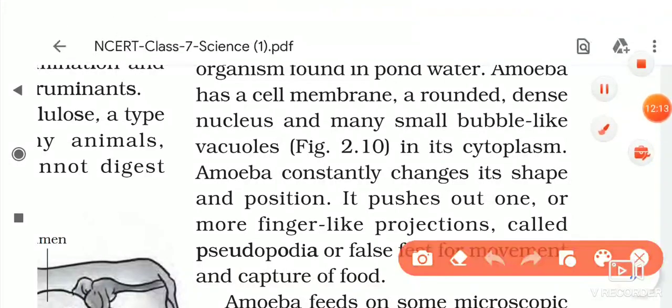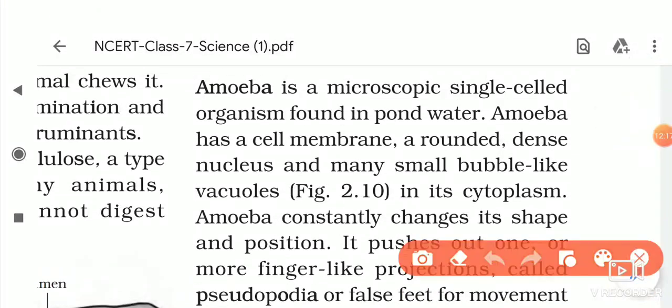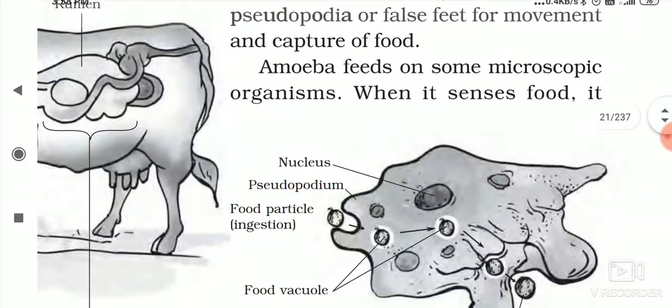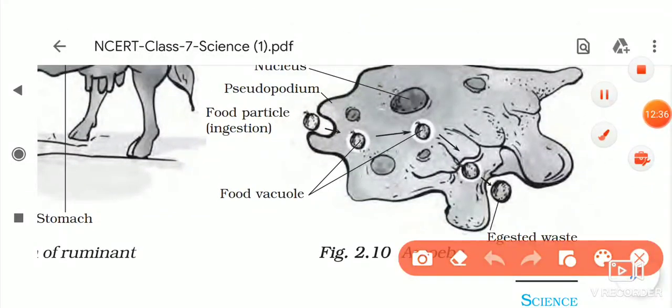You should remember this: amoeba is a single cell organism, which means amoeba is a unicellular organism. It is found in pond water. Amoeba has a cell membrane and a rounded dense nucleus.